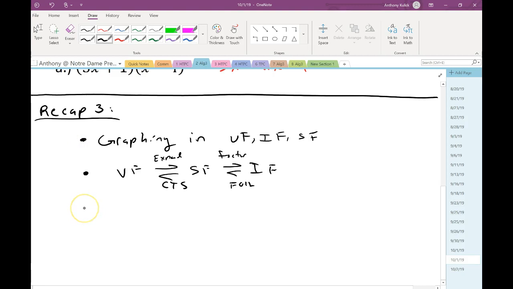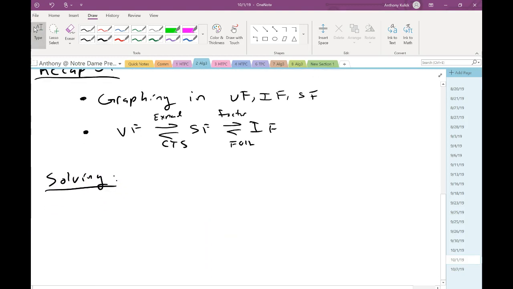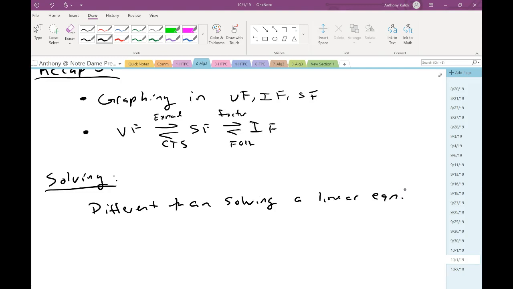What I want to transition to next is solving. Solving a quadratic is a little bit different than solving a linear equation. One reason it's different is because we have several different techniques that we can use to solve a quadratic.